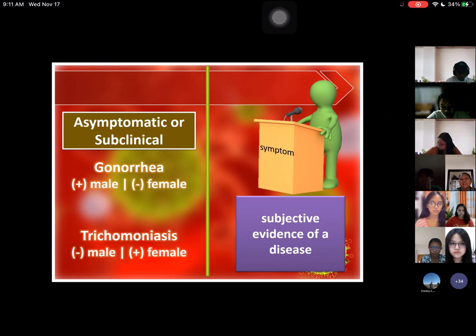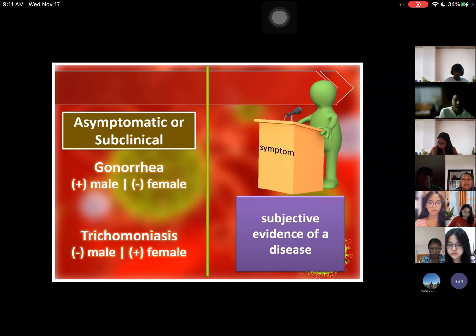Example of these diseases or infection is we have the gonorrhea. So usually, it can actually infect male or female, but usually this is very prominent in male, having a urethral discharge, or they can experience painful urination.